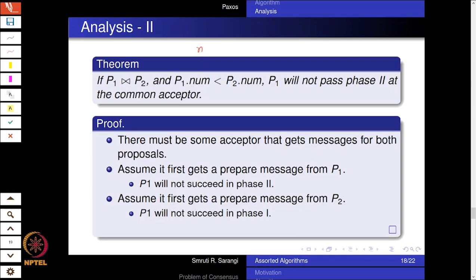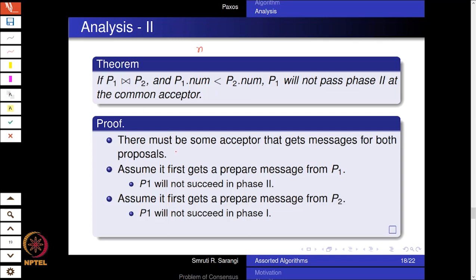We claim that for two concurrent proposals of this nature, the one with the lower number, which is P1, will not pass phase 2 at the common acceptor. So it will not complete both the phases. This is easy to prove.